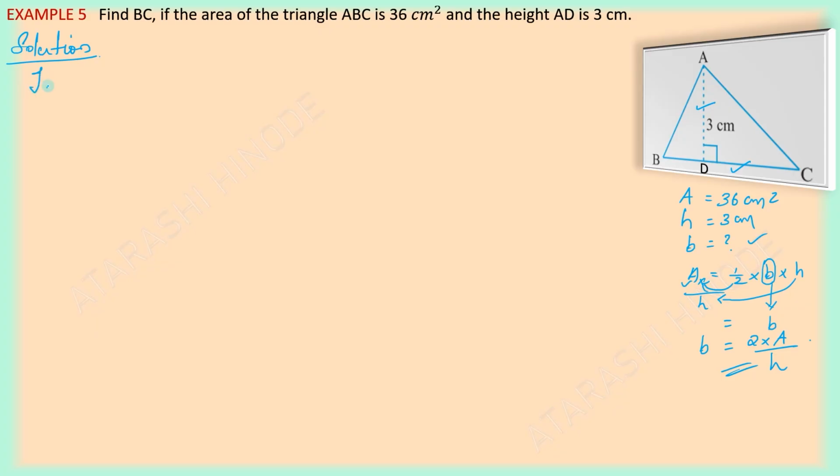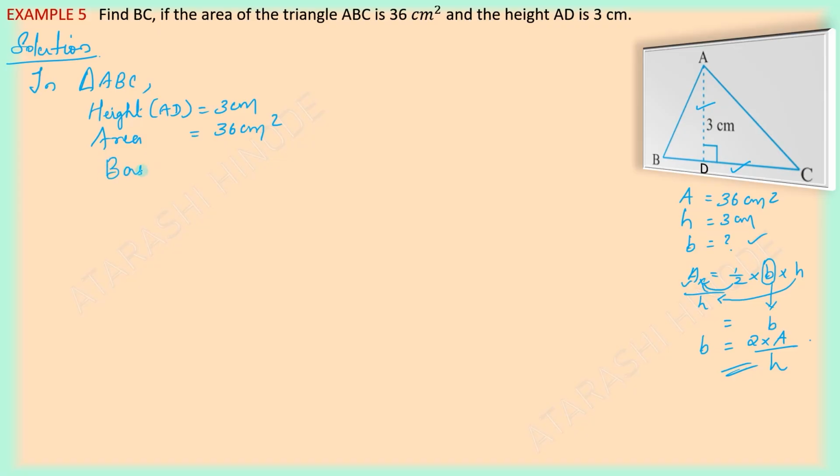In triangle ABC, height, that is AD, equal to 3 centimeters, area equal to 36 centimeters square. We have to find base.